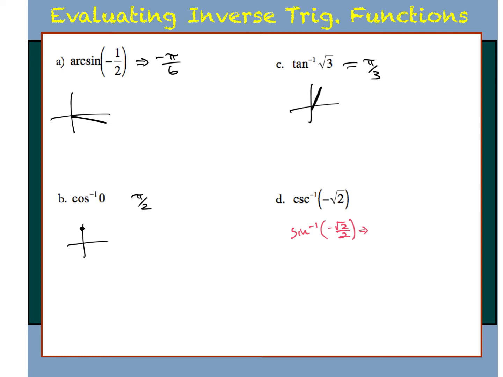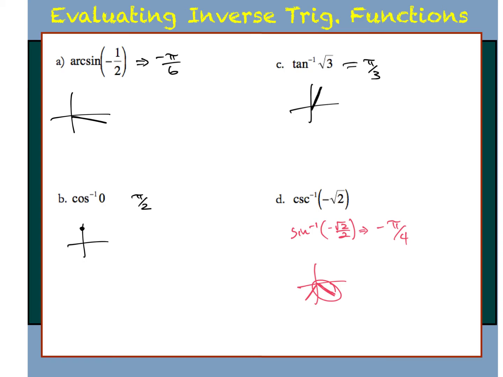So when does sine equal negative square root 2 over 2? 5 pi over 4 and 7 pi over 4, but both of those are not between negative pi over 2 and pi over 2. So we'd have to call this one negative pi over 4. Remember that from last year?